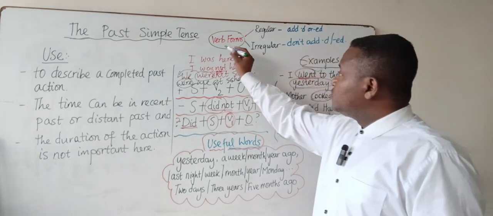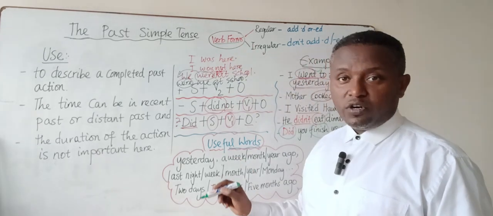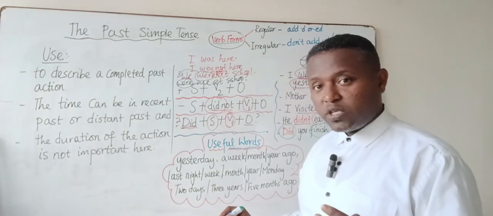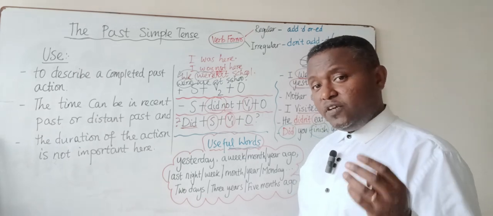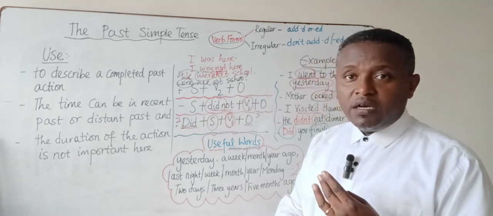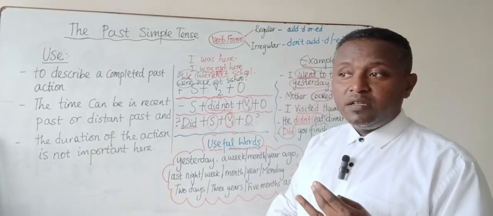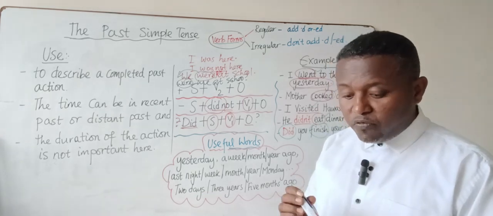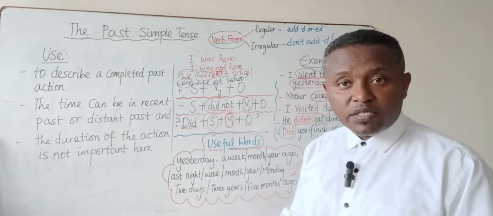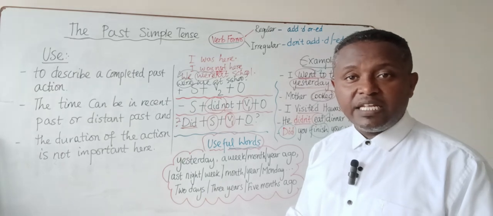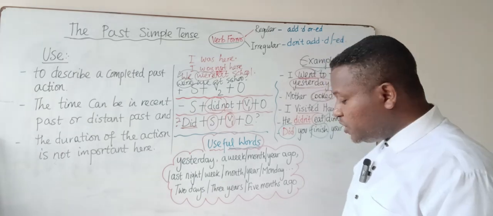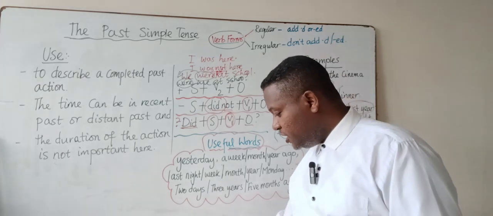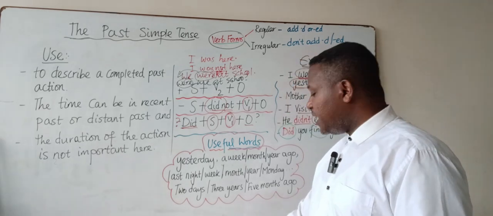There are two types of verb forms. The first one is the group of regular verbs, and the second one is the group of irregular verbs. We'll come to that in detail in the coming videos.